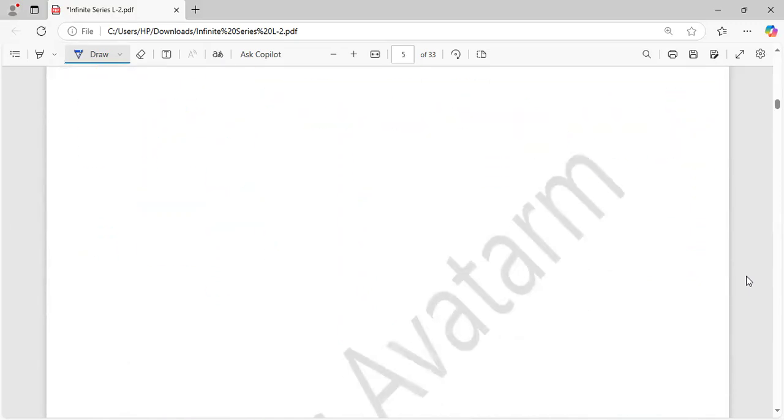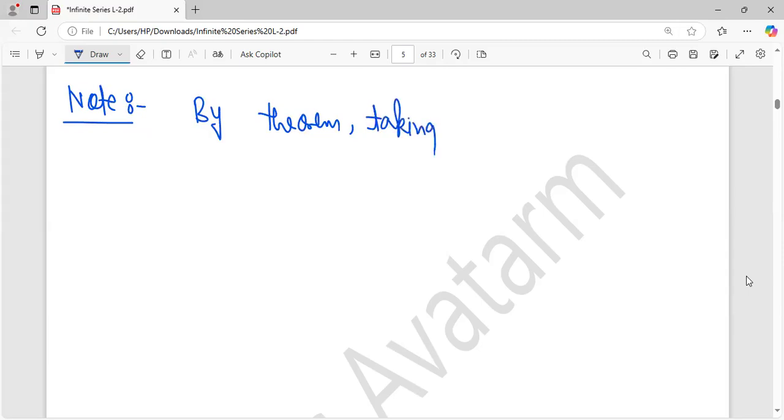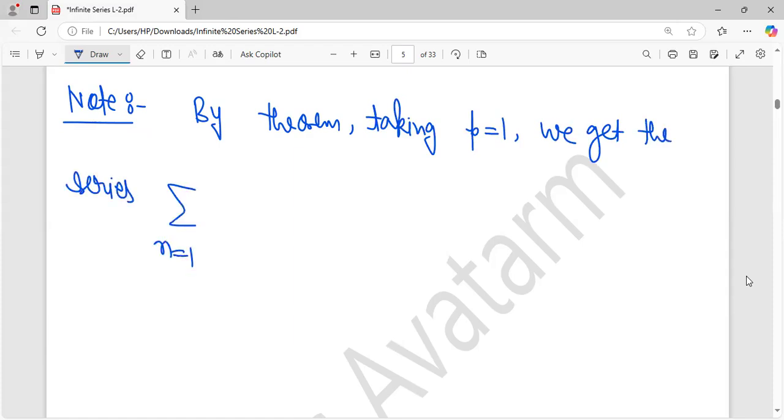Now, note by theorem, taking P equal to 1, we get the series summation n goes from 1 to infinity of 1 upon n diverges to plus infinity.